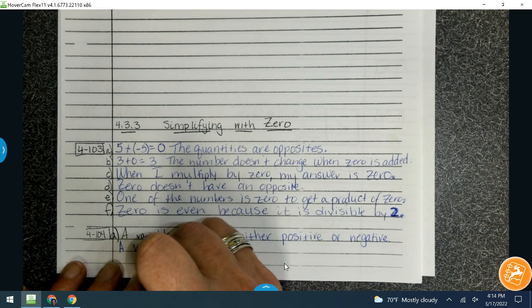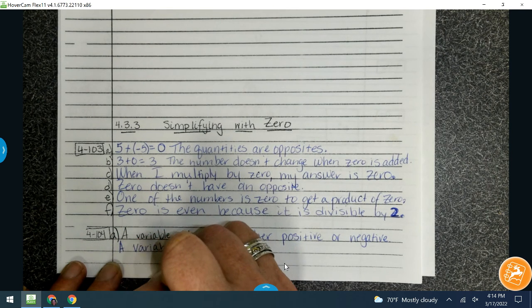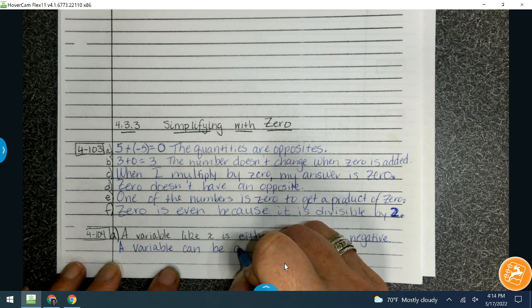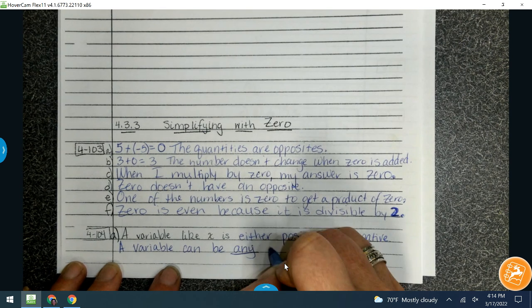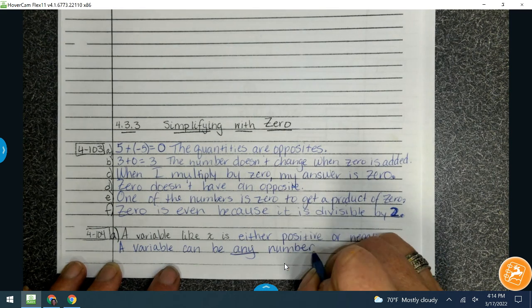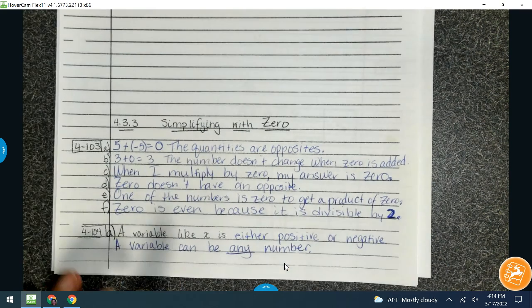A variable can be any number. That includes decimals and fractions. So x can be equivalent to any number.